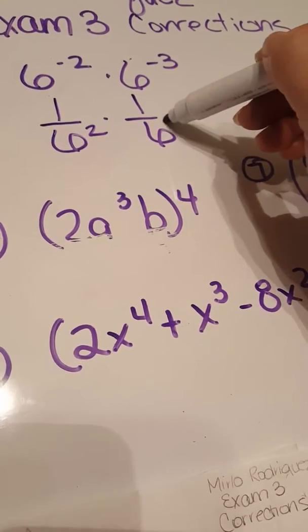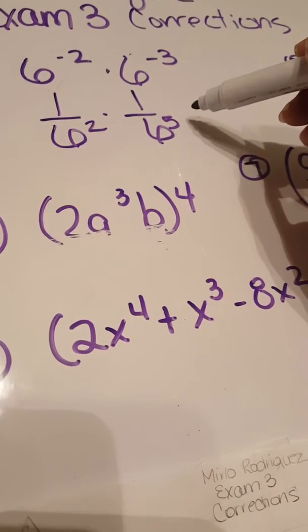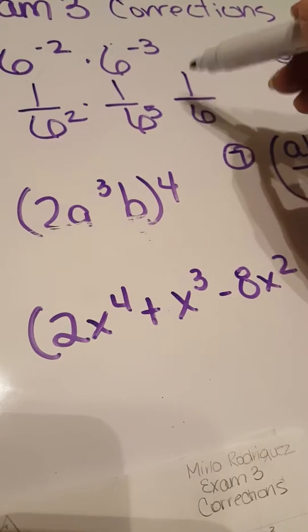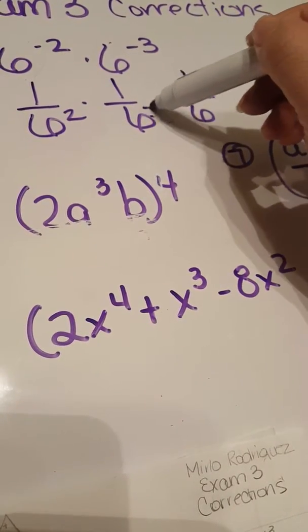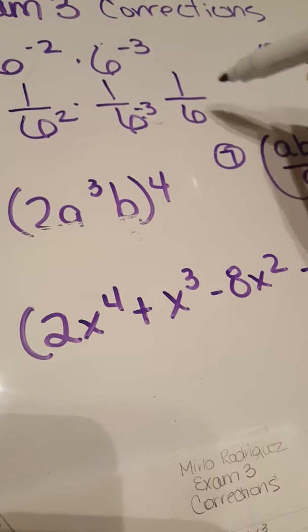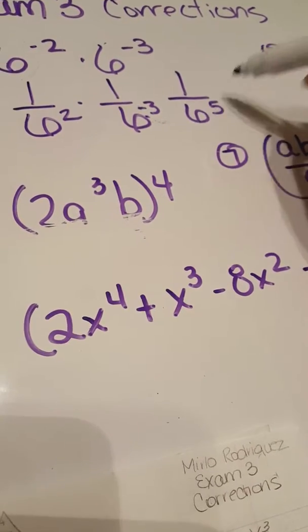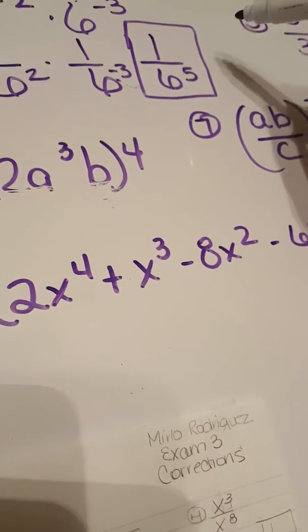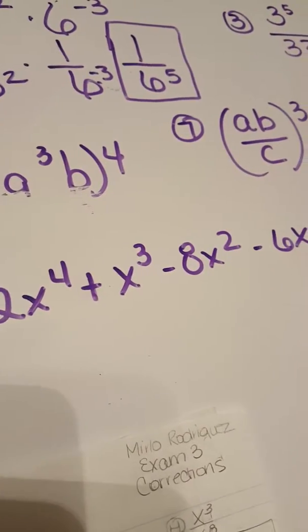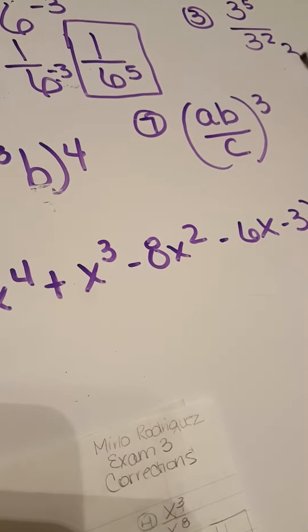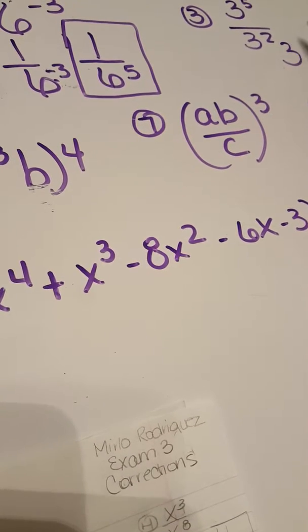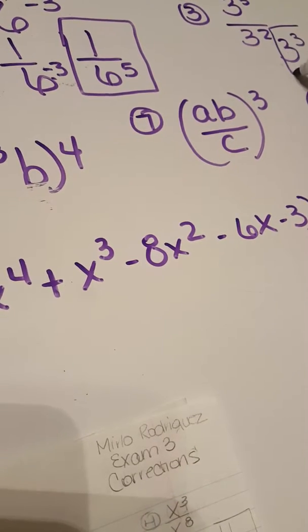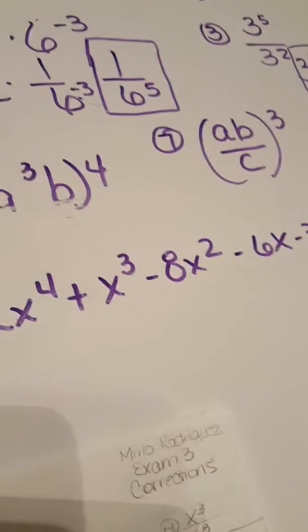So you drop them down and they become positive, making it 1 over 6 with a fifth power on the bottom. On the bottom here, the same thing. This stays the same, and this gets subtracted, making this a 3 over 3 with a third power.